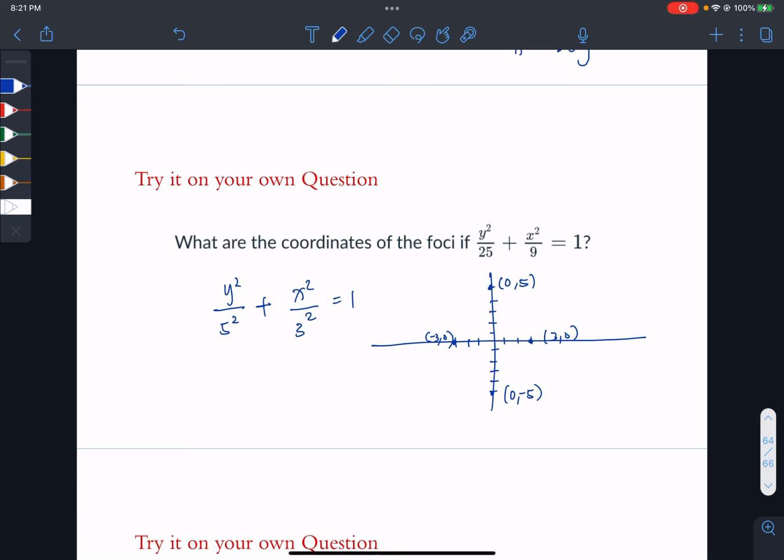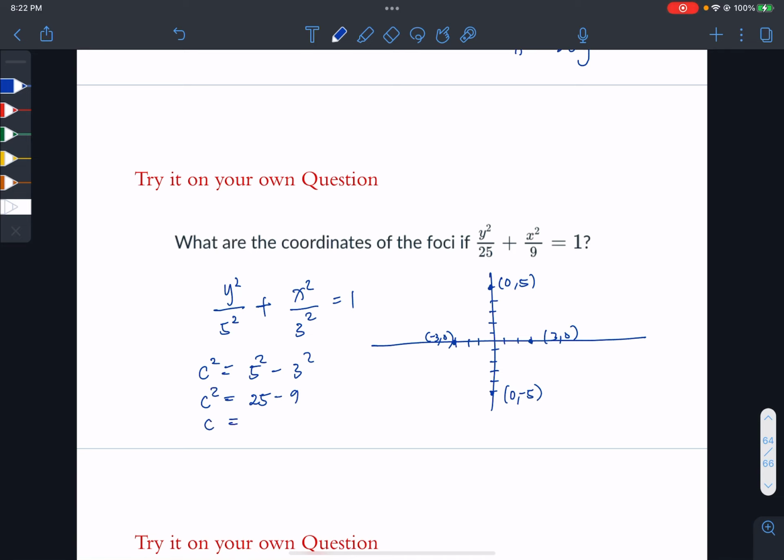Kaya lang, ang tinatanong is what are the coordinates of the foci? So yung sa foci natin, which is c, okay? So ang c natin is, siyempre, mas maliit doon sa ano natin. So c squared would be 5 squared minus 3 squared, which is 25 minus 9.